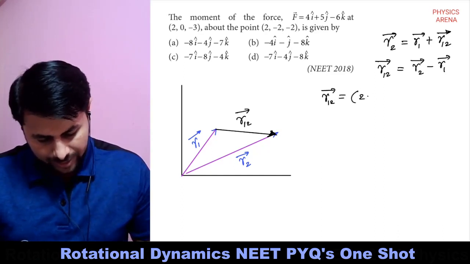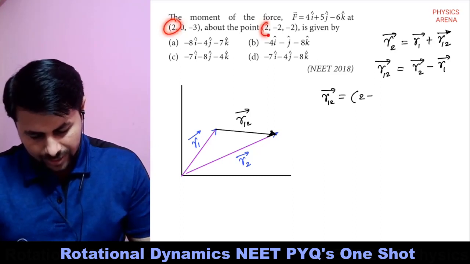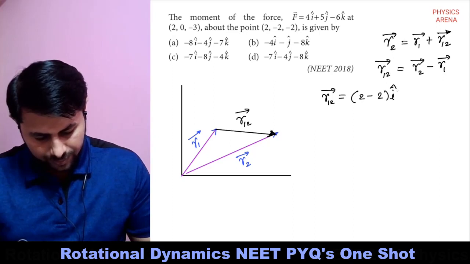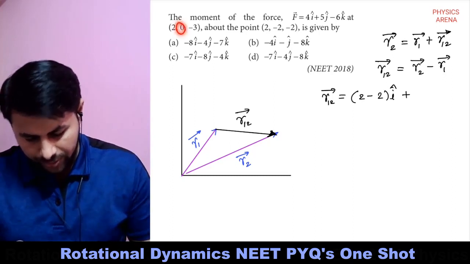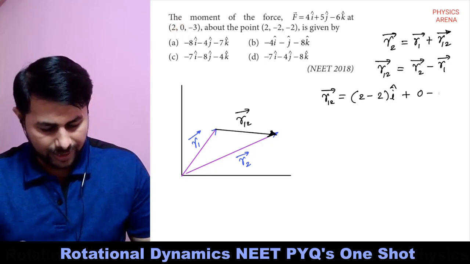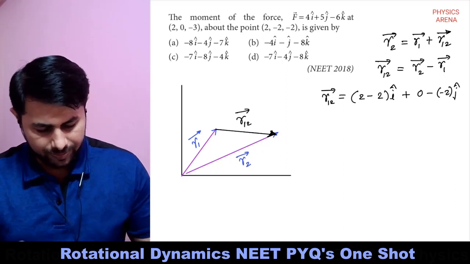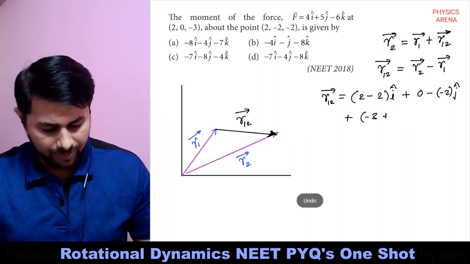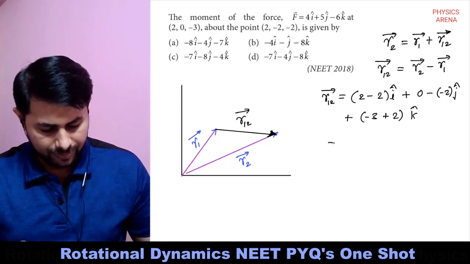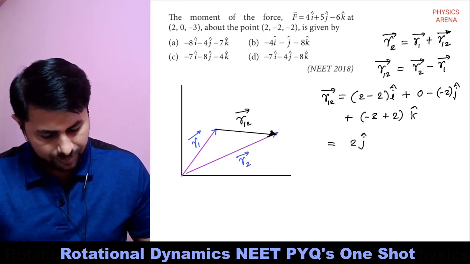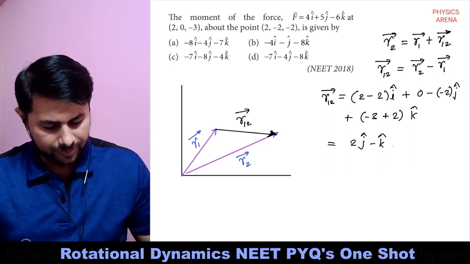This 2 minus 2 into i cap, plus 0 minus minus 2 into j cap, plus minus 3 minus minus 2, or minus 3 plus 2, times k cap. So that is 0 i cap, 2 j cap, and minus 1 k cap.